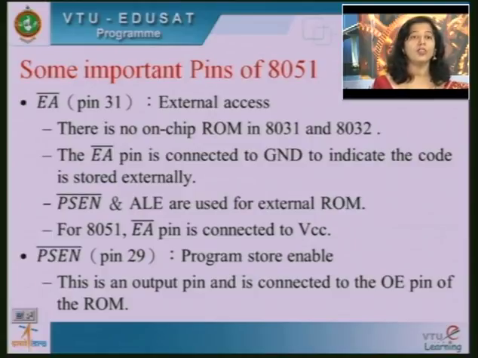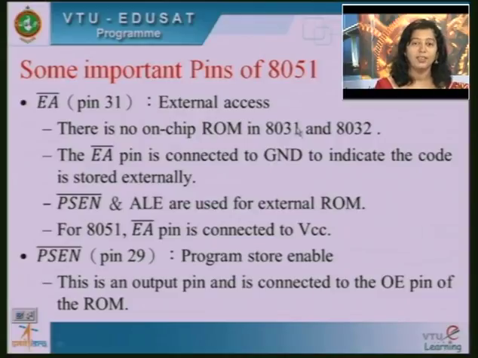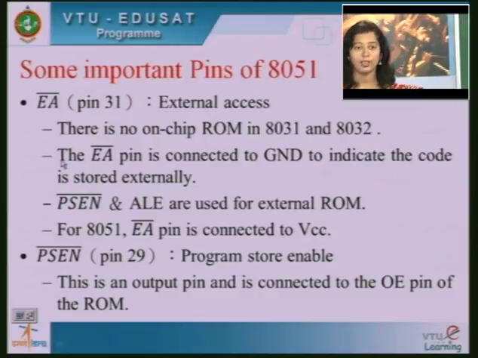So I talked about two important pins which will be useful in memory selection. One is the EA bar, or the external access pin, and especially in case of lower versions of 8051, that is 8031 and 8032, which are lower versions of our current 8051 microcontroller.